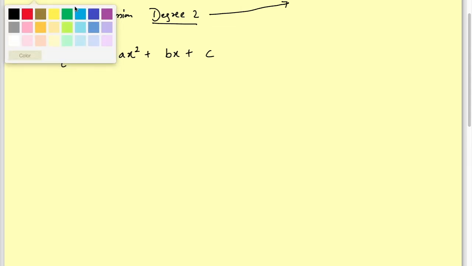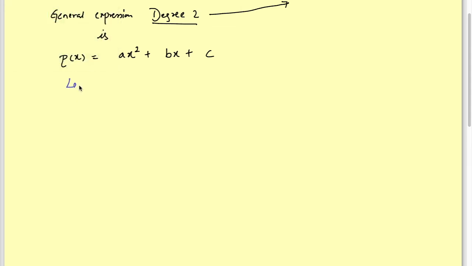Okay, so let us assume that alpha and beta are my zeros of this equation.